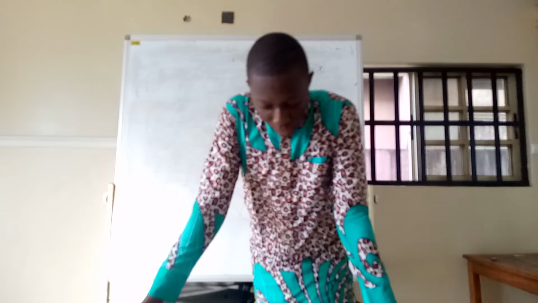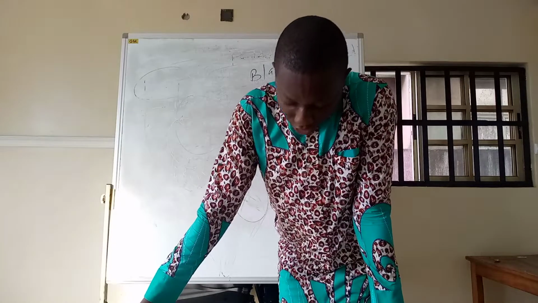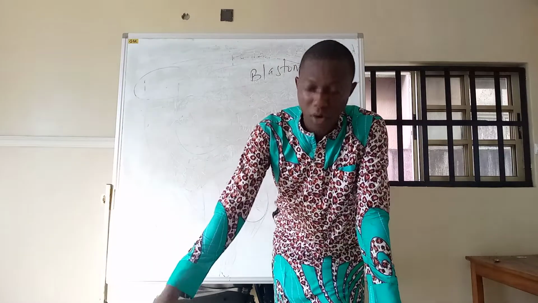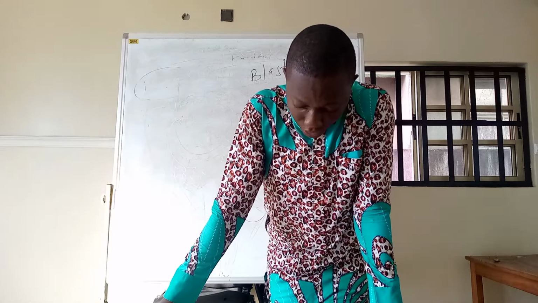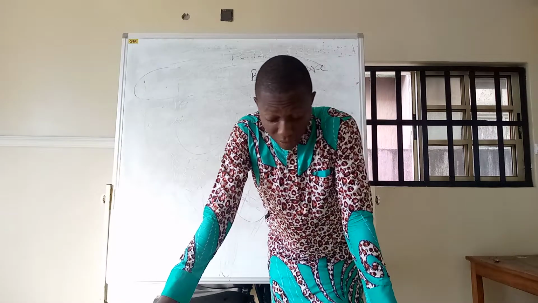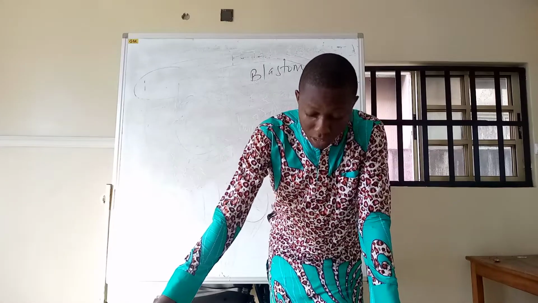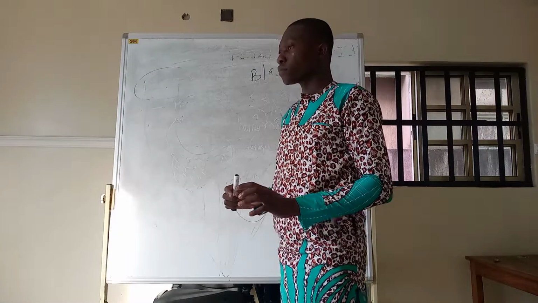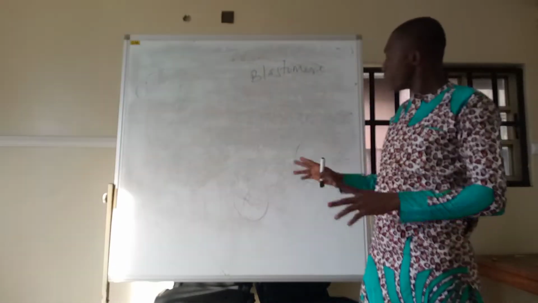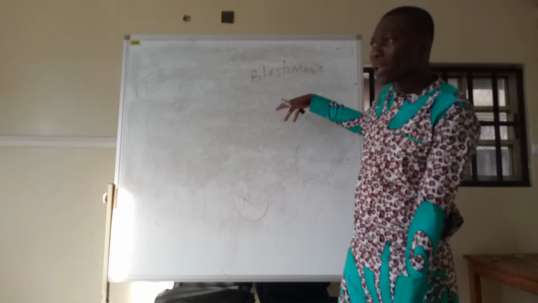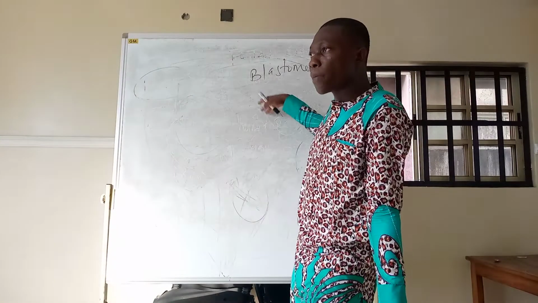Around day 6, the blastocyst attaches to the endometrium of the uterus, and this process is called implantation. Before this time, the blastocyst is shed of the zona pellucida so that it will be free for implantation. Remember, as the division takes place, the zygote or the morula is still surrounded by what? The single zona pellucida.